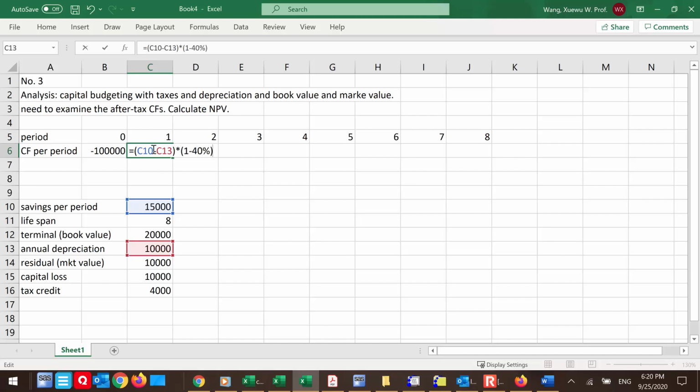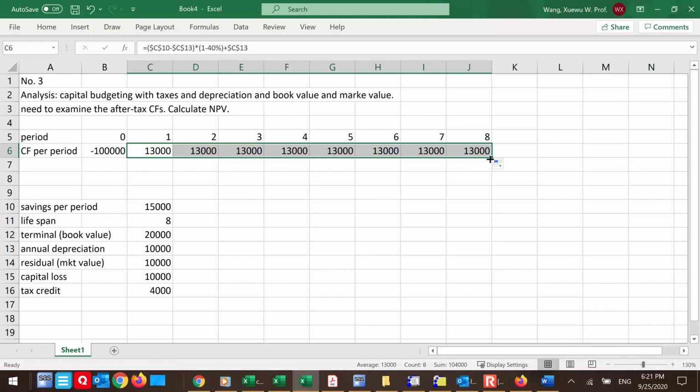And because I took out depreciation earlier, I need to put back depreciation. So I'm doing essentially the second approach for calculating the after-tax cash flows. I took out depreciation and I put it back. And I need to lock down all the cell reference here. So if I do that, I get $13,000 cash flow every year, and I drag this across.